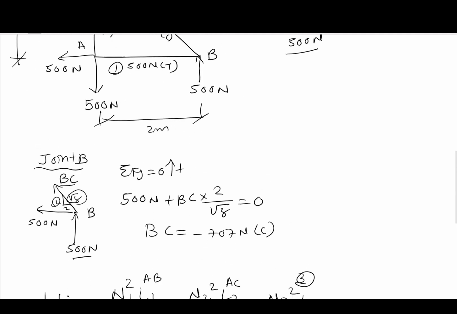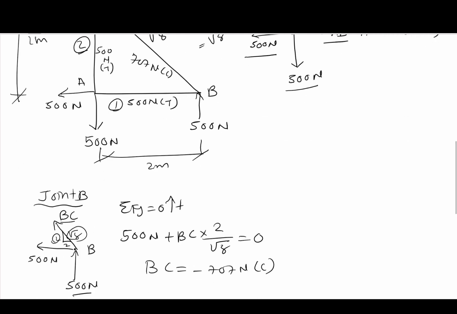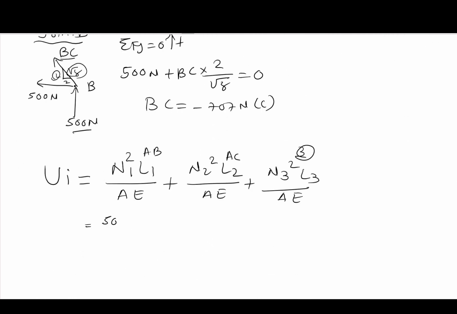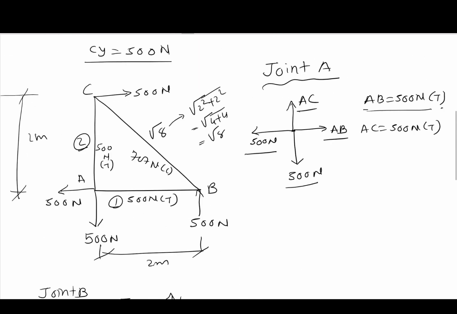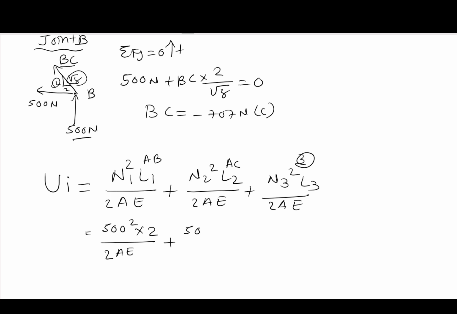In this case N1 is 500 Newton, so 500 squared times the length of 2 meters over 2AE. For member 2, AC has a load of 500 Newton, so 500 squared times 2 over 2AE.